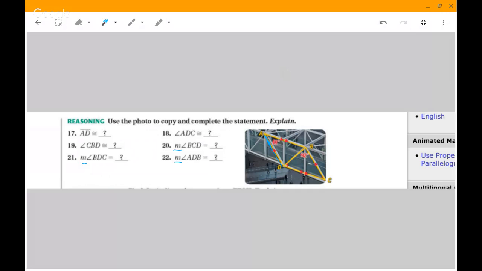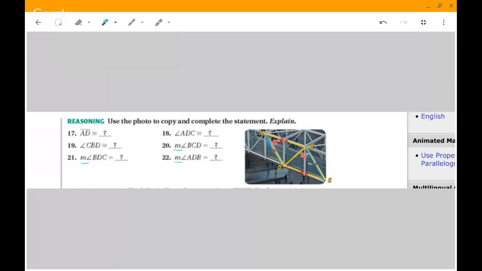No, DB is a diagonal. Remember in a parallelogram, the opposite sides are parallel, but they're also congruent. That's the first theorem about parallelograms: opposite sides are congruent. So the opposite side from AD is over here, BC.